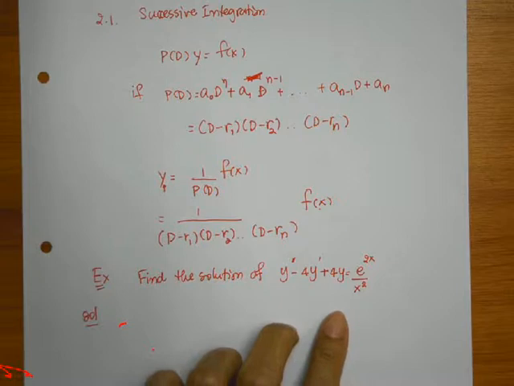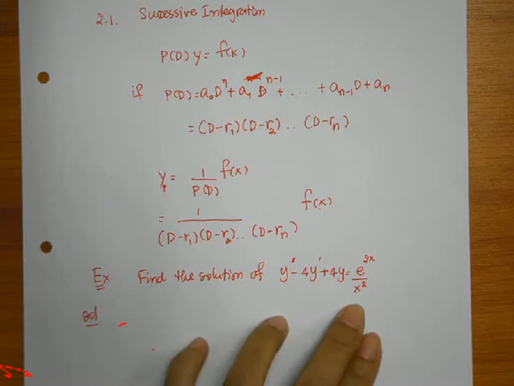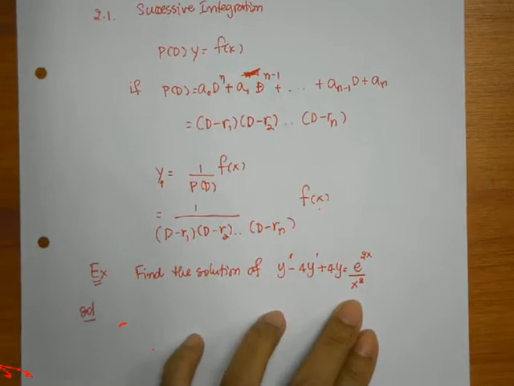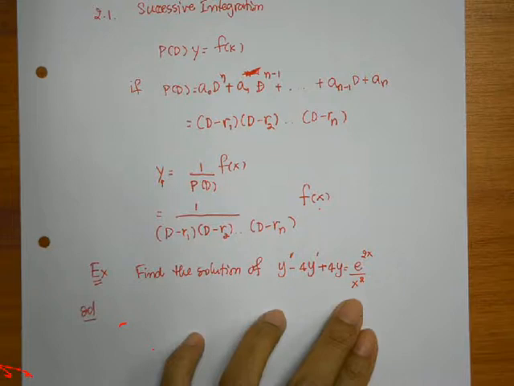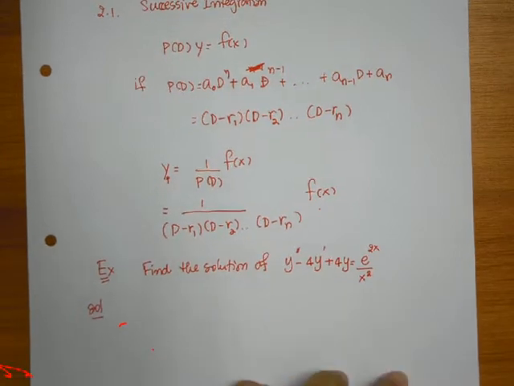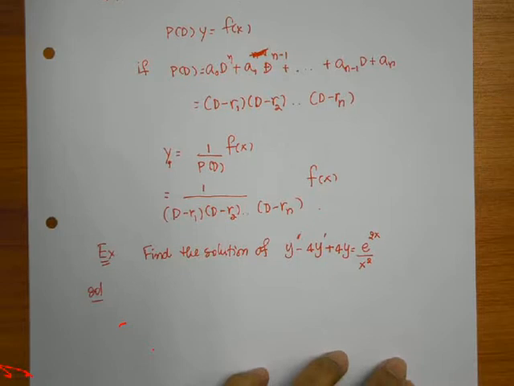With this equation, can we find the yp solution by using the UC method, the undetermined coefficients method? Can we use the technique to find yp? No, we can't. The reason why we can't is because 1 over x squared is not a UC function. A UC function means that if it is a polynomial, then the power of x has got to be a positive integer. But this one is negative. So you can't use the UC method to find the yp.